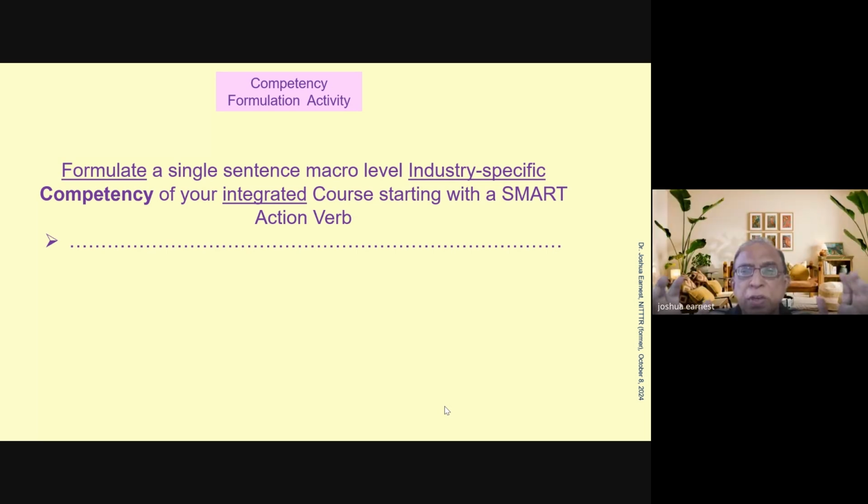Every institute will have a different PSO. It depends upon your resources, the faculty. Which faculties do you have? Do you have a faculty on power systems? Do you have a faculty on electric drives? Do you have a faculty of power electronics?